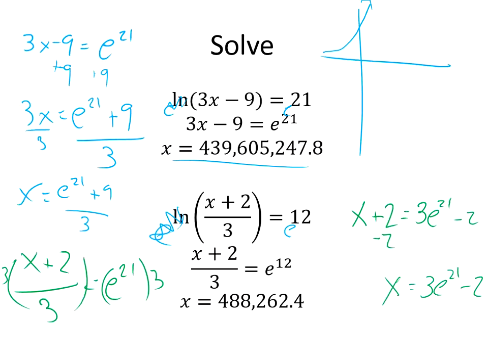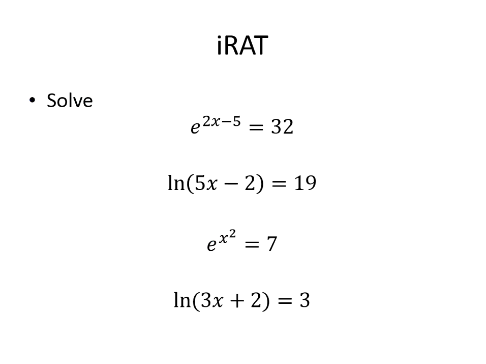Again, it's just like what we've done before. If we have a number where we have an e, let's look at this example. If I have e to the 3x is equal to 91, what you're going to do is take the natural log of both sides.